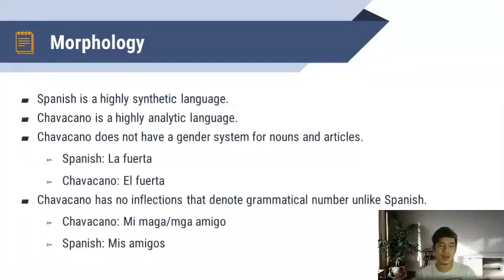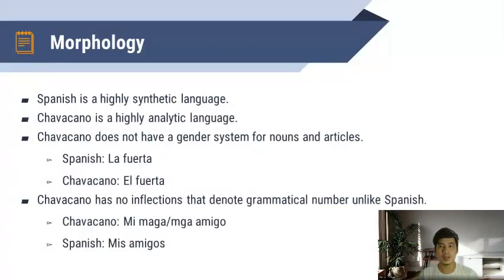So you see that the noun amigo here is actually inflected in Spanish. Letter S denotes plurality. Unlike in Chavacano, we don't have inflectional morphology for grammatical number. Instead, we use the marker mga to denote plurality.